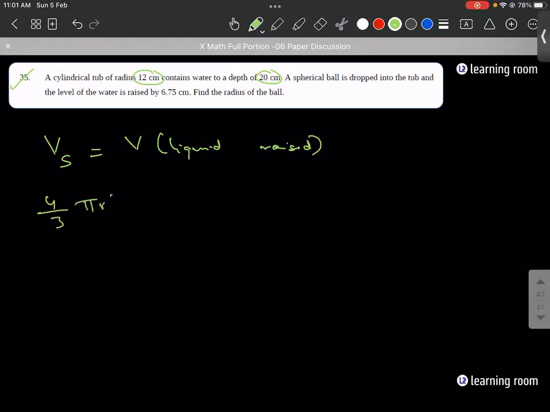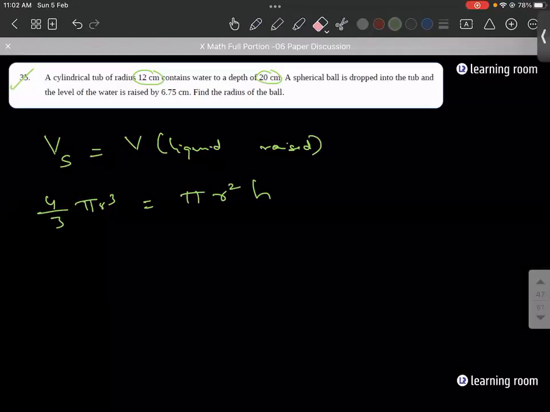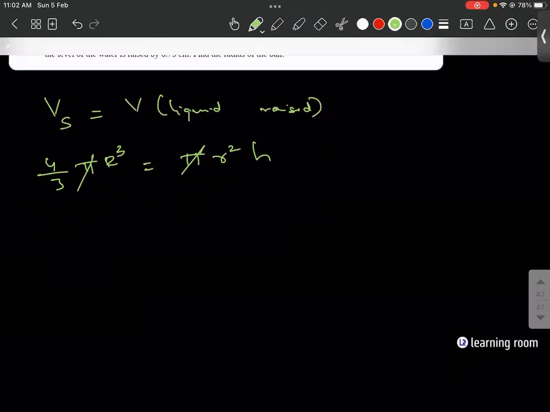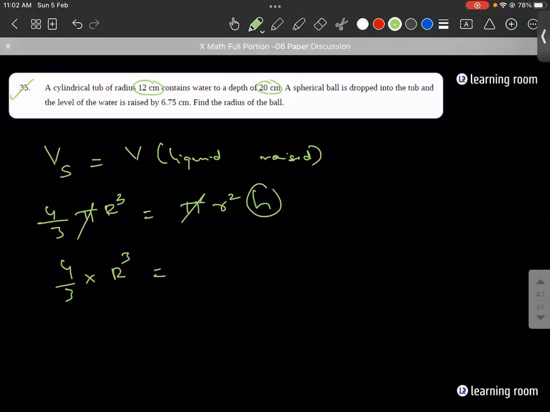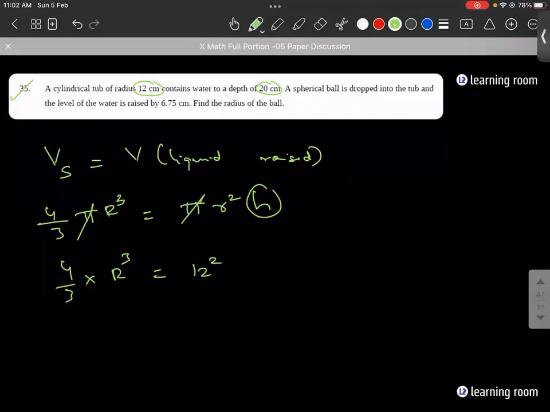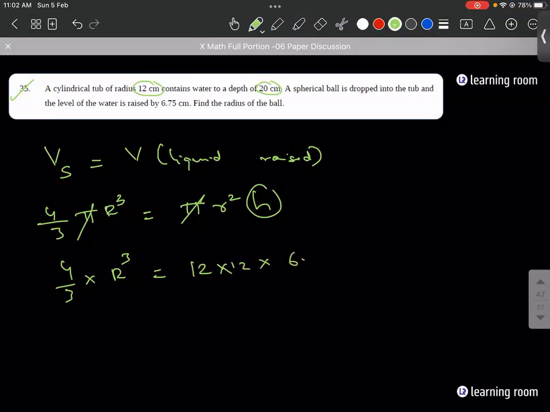So 4 by 3 pi r cube is equal to the volume of the liquid raised, pi r square into h. But the only difference is this r and the other r are different. So pi gets cancelled. So 4 by 3 into r cube is equal to 12 square into height 6.75.